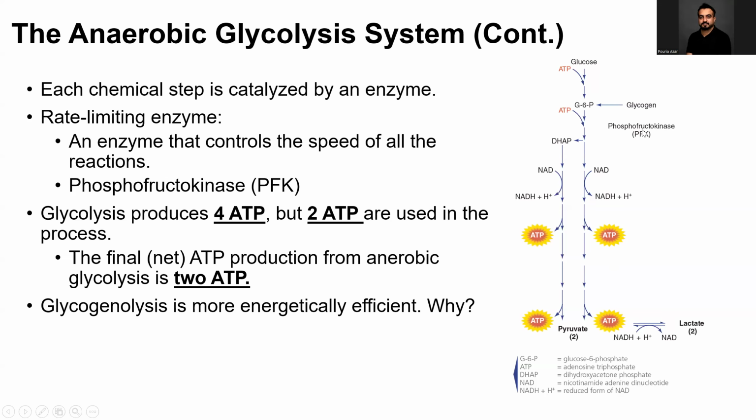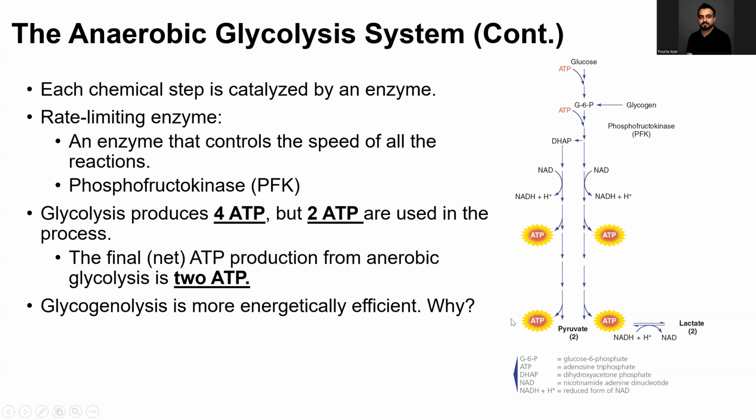So if we break down glycogen through the glycolysis system, we only use one ATP instead of two ATPs. So the final ATP production from glycogenolysis is 3 ATP molecules instead of 2 ATP molecules.